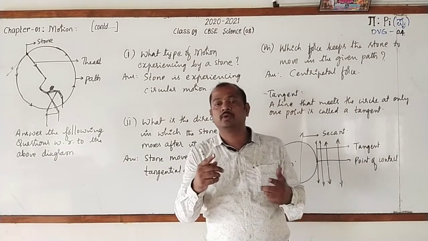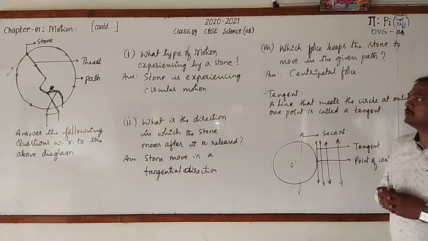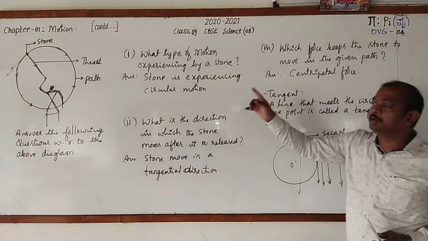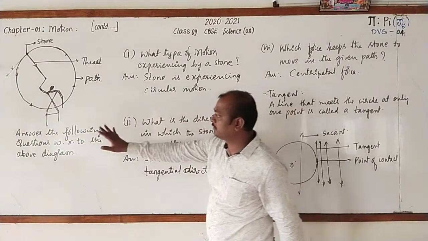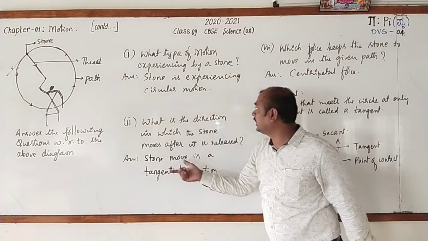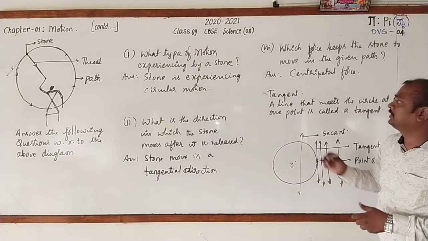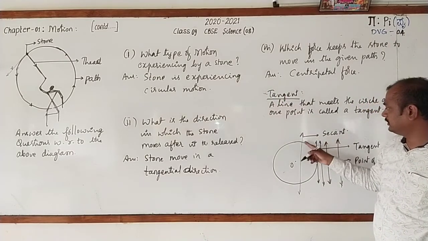Still we have another part. We are going to answer the exercise questions. Now let me start that, and before that you just copy from there to here. Draw the figure, write this question and these sub questions. Write the answers, and after that write this definition under the heading tangent.